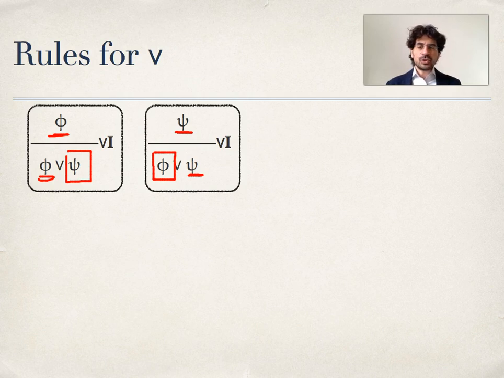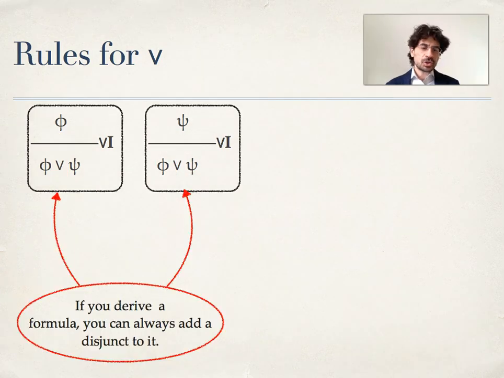So these are two variants of the same rule, and the only difference is the position of the additional formula. In short, what disjunction introduction says is that if you derive a formula, then you can always add a disjunct to it, either on the left-hand side or the right-hand side.